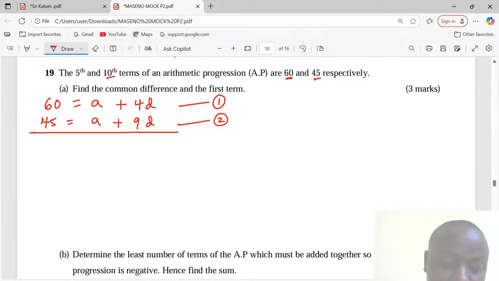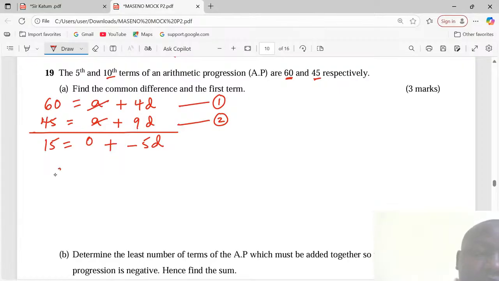So 60 minus 45 is going to be 15. A minus A becomes 0, and this becomes negative 5d. So the value of the common difference shall be 15 divided by negative 5, being negative 3. So the common difference is negative 3.